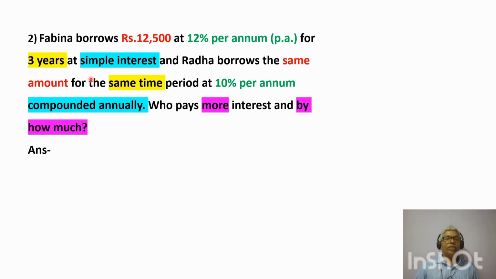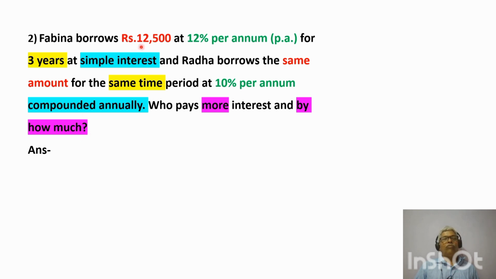Now N is also same time period at 10% per annum. So R changes. Compounded annually. This is simple interest, this is compound interest. Who pays more interest and by how much? You understand this?